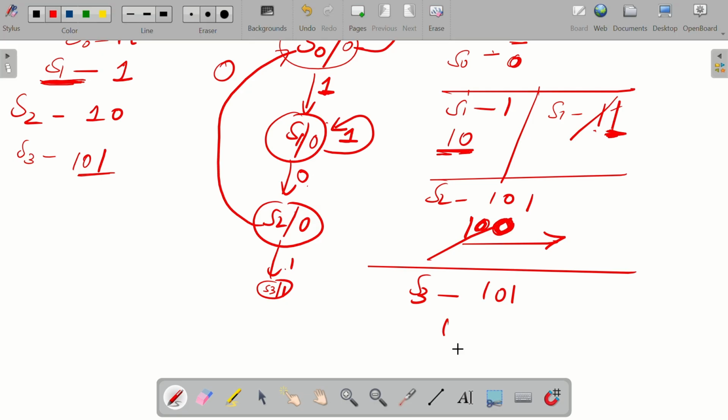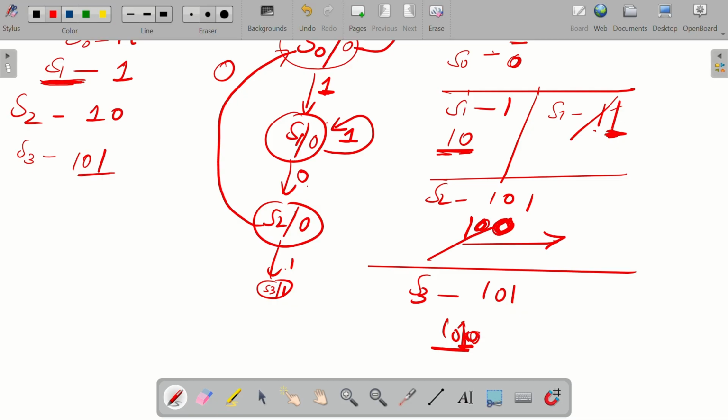In case I get a 0 after 101, see, in case of non-overlapping, we have previously looked at that once you detect your first sequence, you cannot leverage the last bit of your previous sequence as the first bit of your next sequence. This will change in case of overlapping, which we will look at later in the video. But for now, just remember that this is a non-overlapping case and this one is of no use to me.